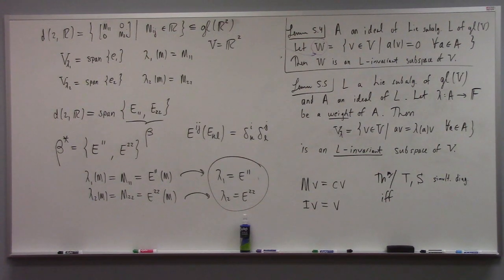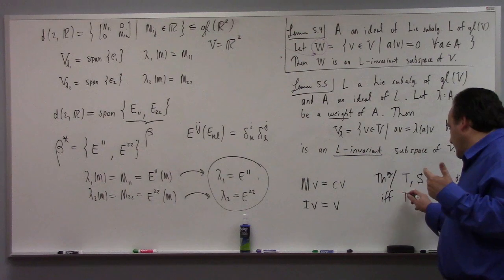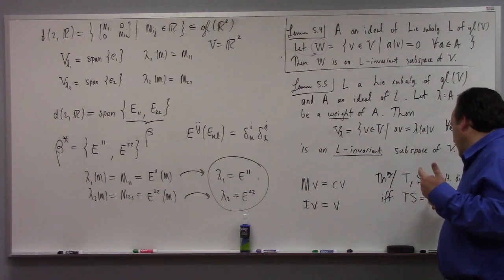What condition do you need on two operators on a vector space for there to be a basis which simultaneously diagonalizes both? The condition that you need is that they commute.